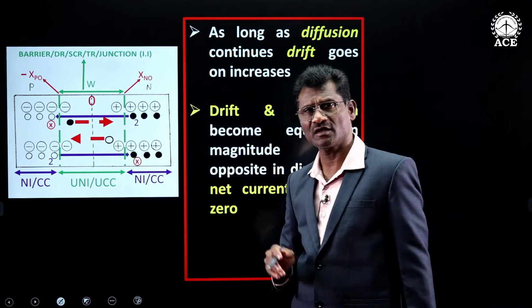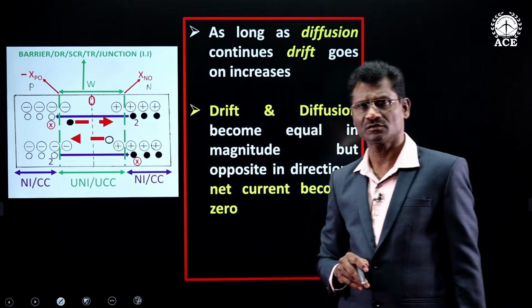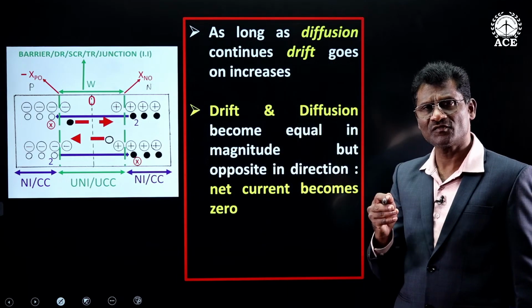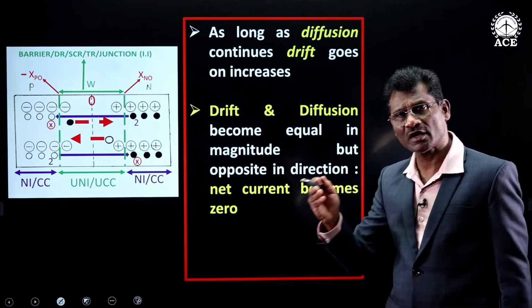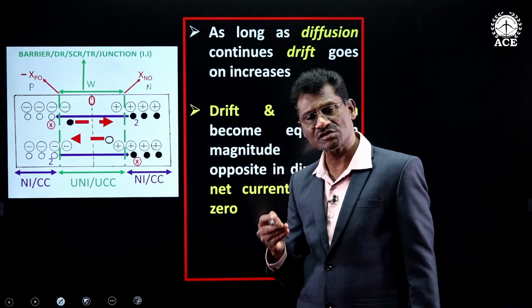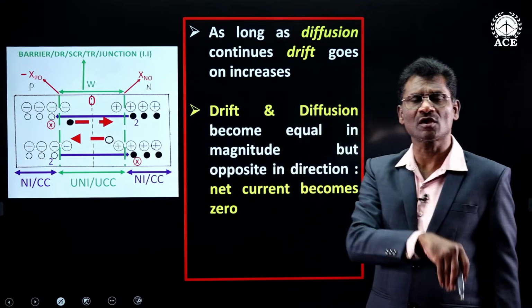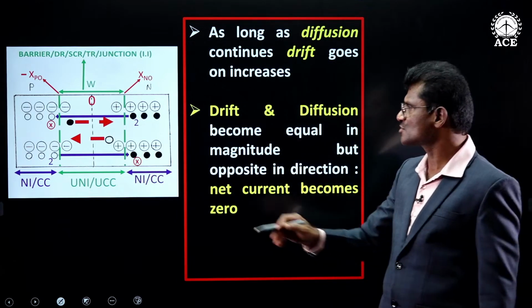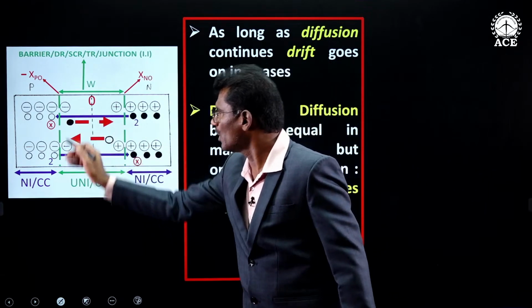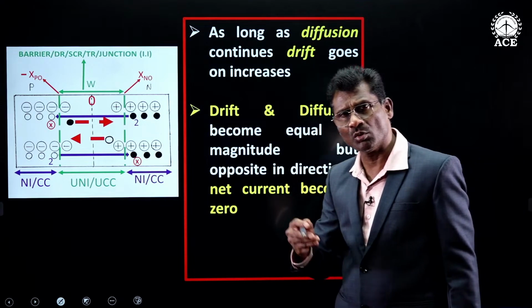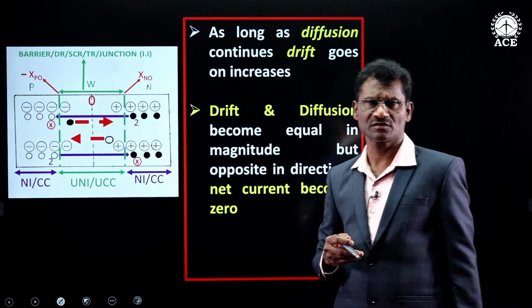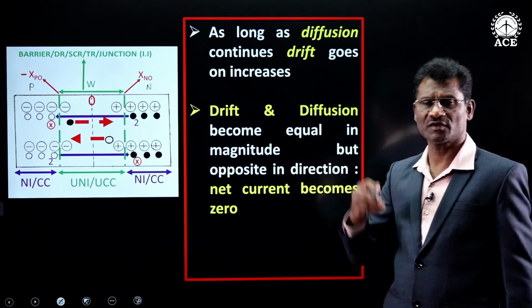Already we stated that drift is opposing diffusion. Then diffusion will continue. Hence again electron hole pair recombination occurs, more positive and negative ions get created which attract more minority carriers and increase drift current.